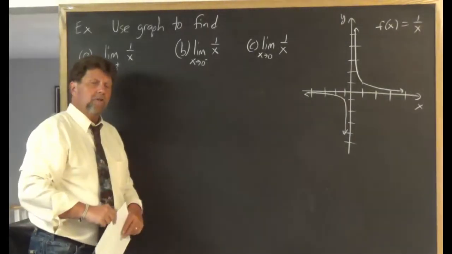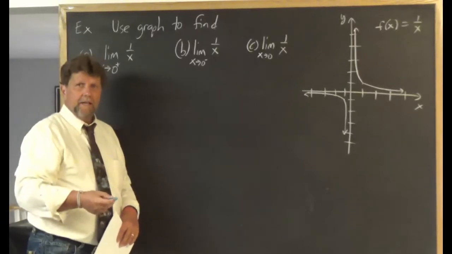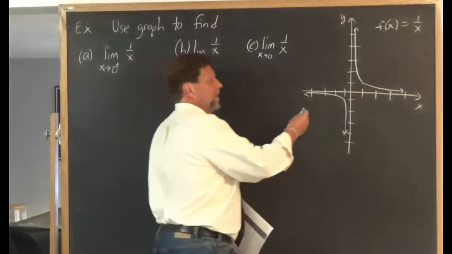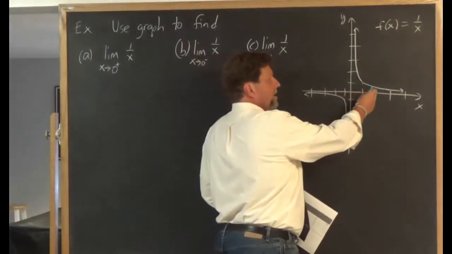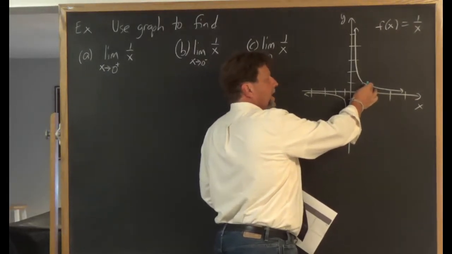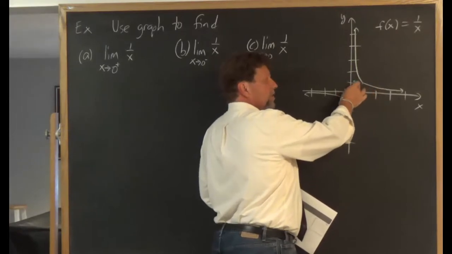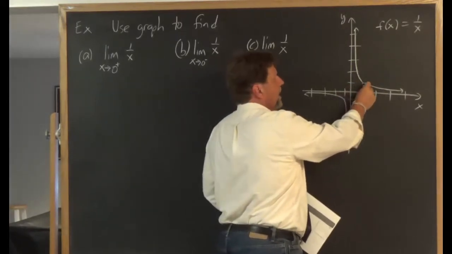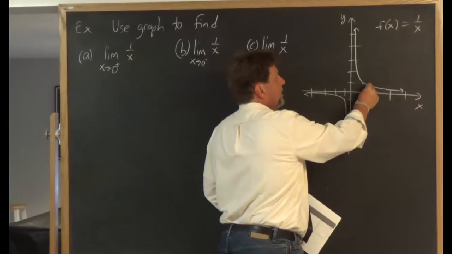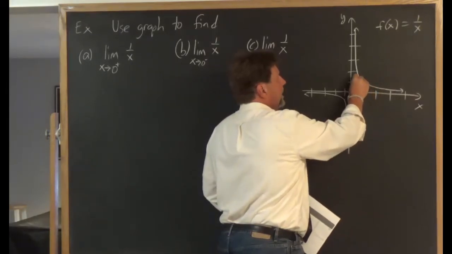The limit as x approaches 0 from the right side of 0 of 1 over x. So, I start to the right of 0. I put myself on the graph, and I'm letting the x values get closer and closer to 0 from the right side. And as I do that, look what is happening.